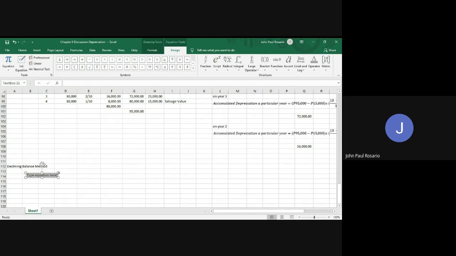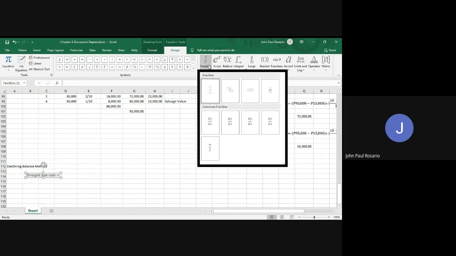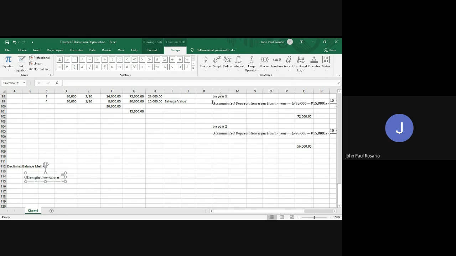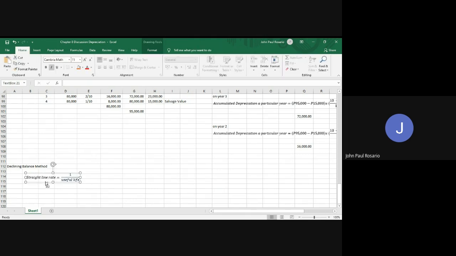So your straight line rate is simply equal to 1 over useful life. And your depreciation rate per year then will be what you call your declining balance rate. This is the correct term.